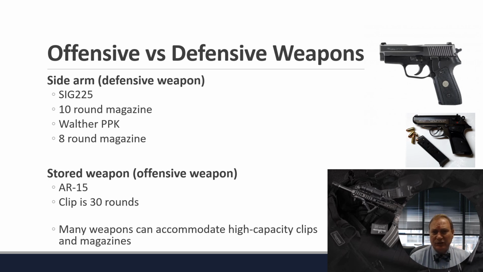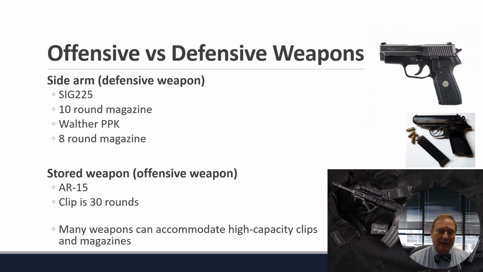They typically store their large rifle automatic weapons. For a military person, it may be an M16 or some variety of that, but our civilian version can be any number of things. We refer to a lot of things as an AR style weapon, but an AR-15 is that common example. The clip is about 30 rounds.